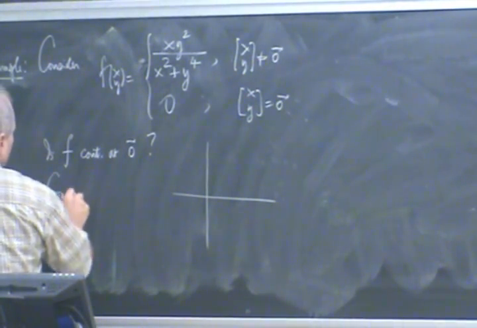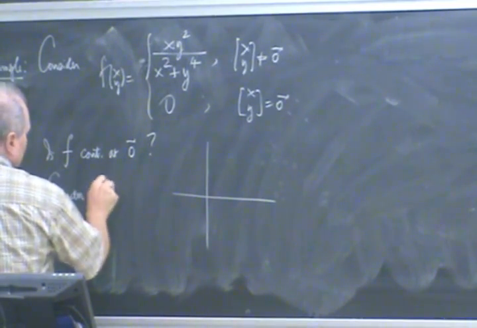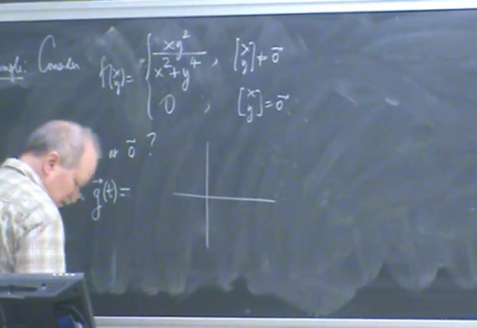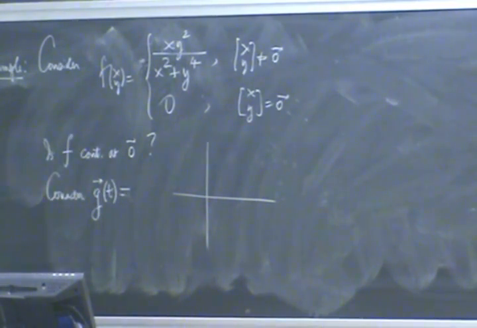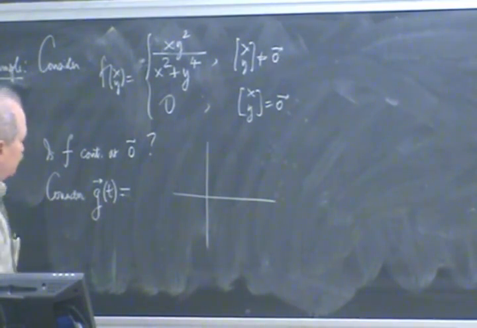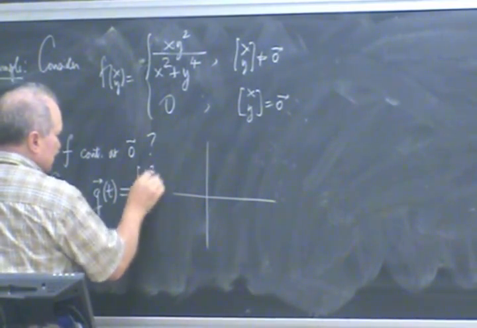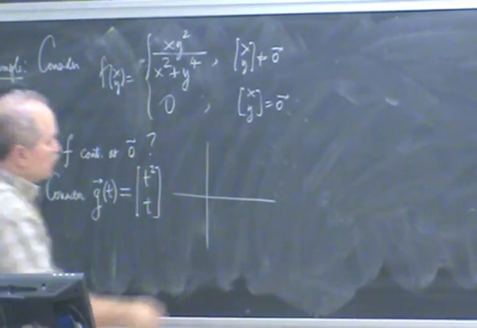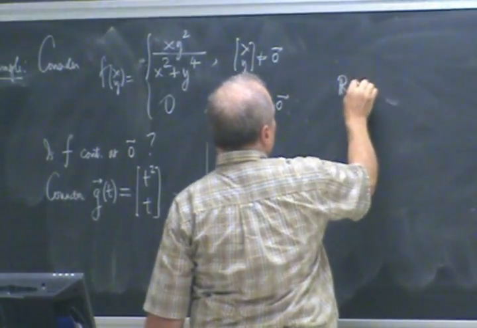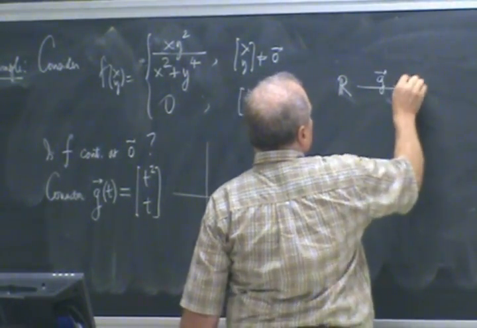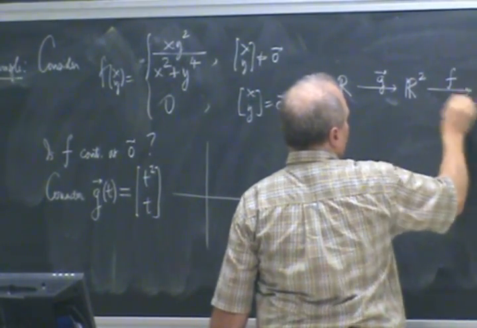Consider the curve g of t, which is (t squared, t). So I'm doing a situation here where I'm mapping real numbers by g to R2, and then I'm doing f.